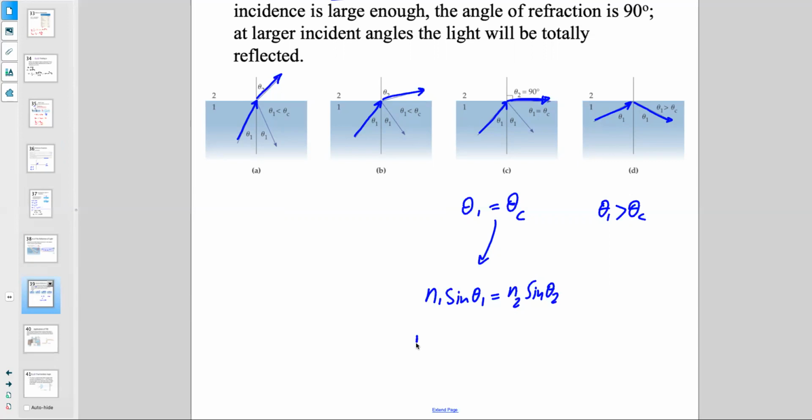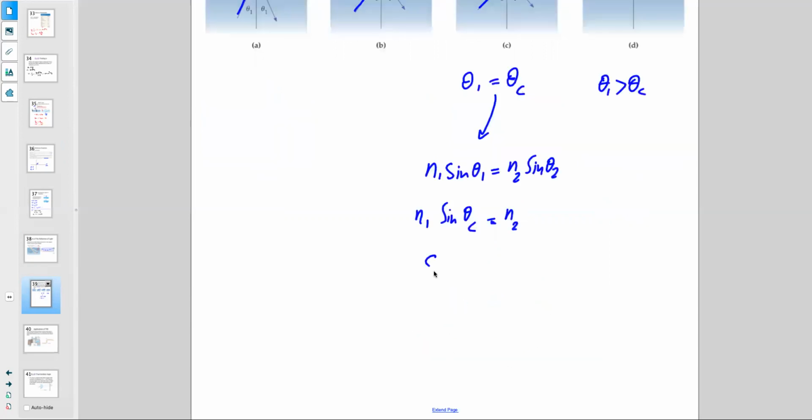So n1 sine theta 1, which is theta of critical, equals n2 sine of theta 2, and sine of 90 is 1. So sine of theta c is n2 over n1. So theta c is sine negative 1 of n2 over n1.